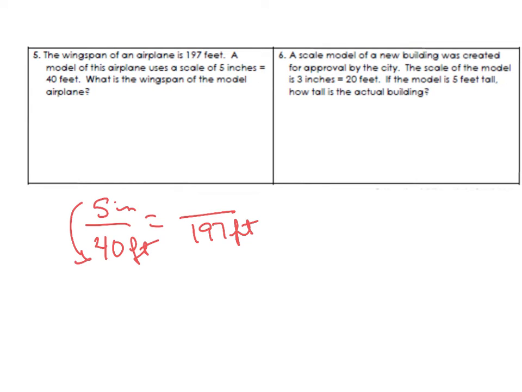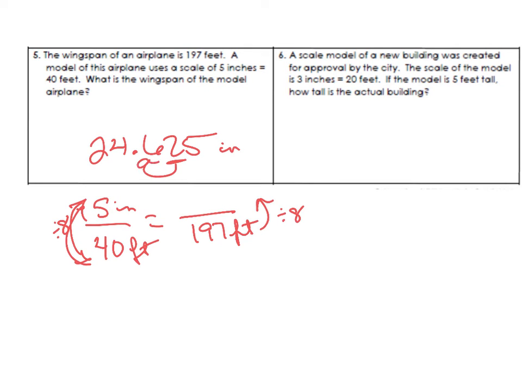So again, I'm going to go up this way. 40 divided by 8 gives me 5. So 197 divided by 8 gives me 24.625, and I would label it inches. And again, if it tells you to round it to the nearest tenth, this 2 does not change it, so it would be 24 6/10 inches.